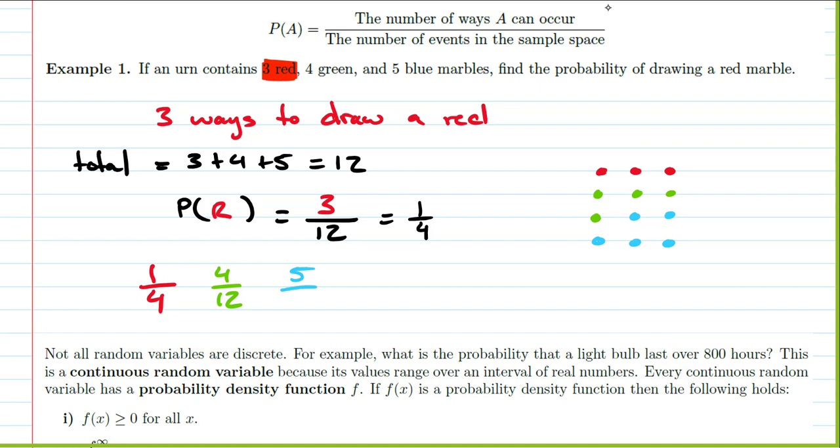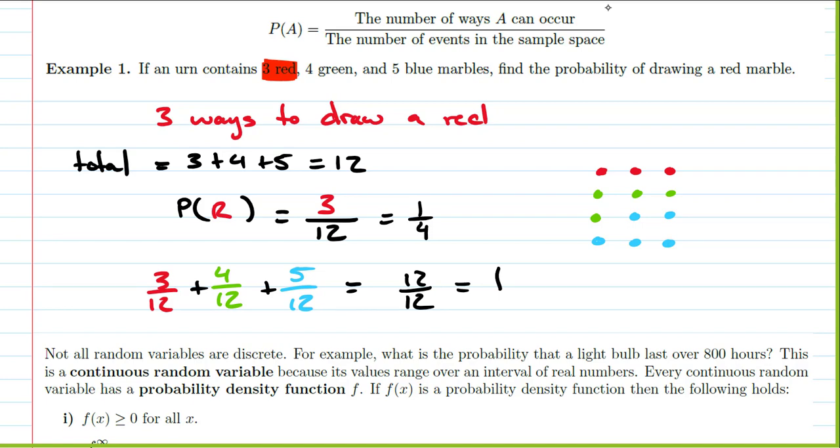There were 5, so 5/12. I'll write this back in its form this way. If we were to add up all of these probabilities, what would we get? Well, what's 3/12 plus 4/12 plus 5/12? Well, 3 plus 4 plus 5 is 12/12, and what do we get? 1. So the probability of the entire sample space has to be 1.